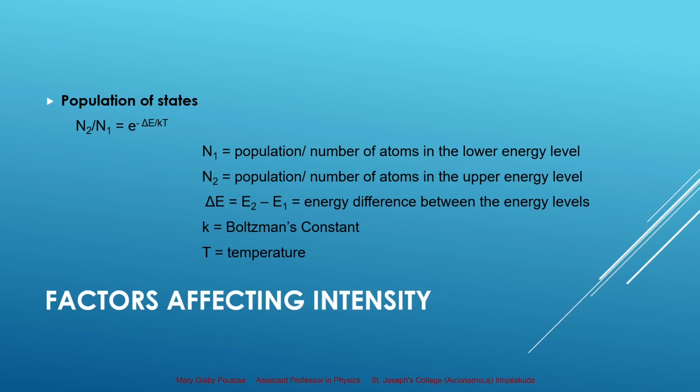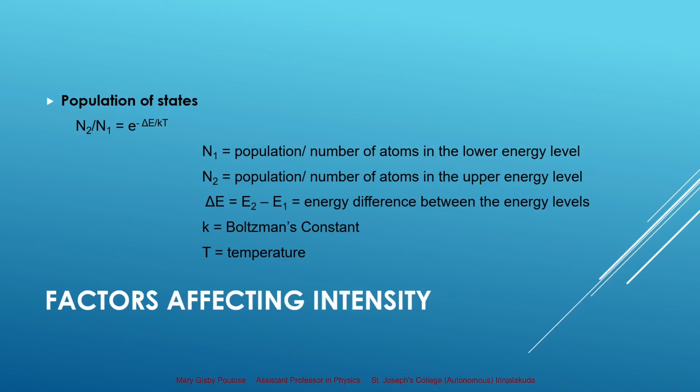Now, only if there is a sufficient number of atoms in the lower energy level will there be an absorption to the higher energy level. If there are no atoms or no molecules, that is, in effect, there is no sample, even if we give radiation upon it, there will be no change, right?